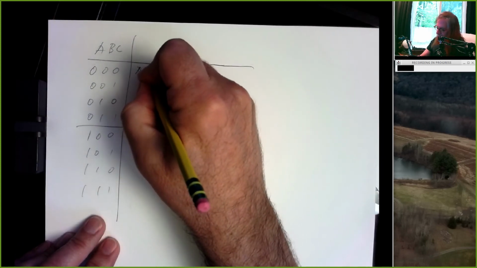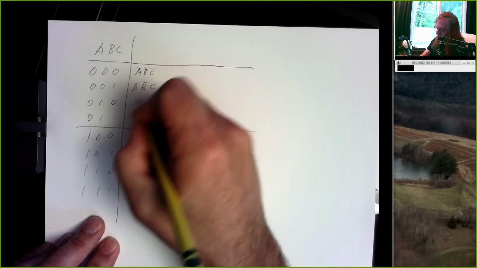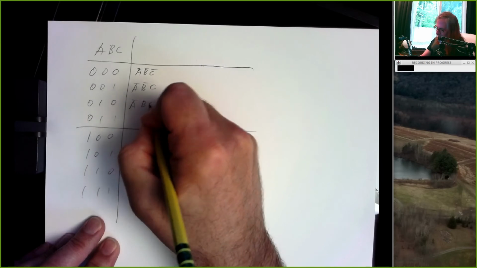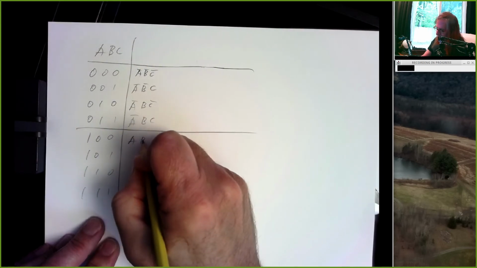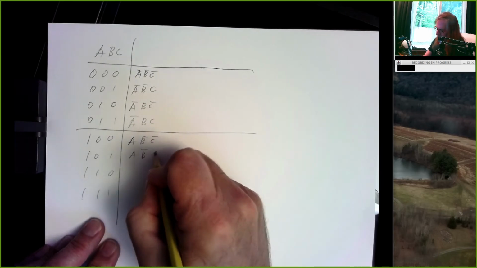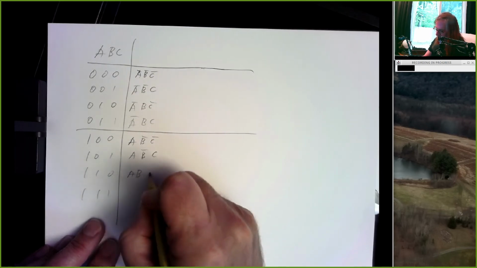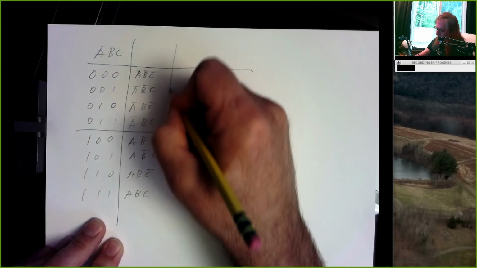So A bar, B bar, C bar, A bar, B bar, C, A bar, B, C bar, A bar, B, C, and so on. And I recommend doing this many times because it'll make it easier to remember.